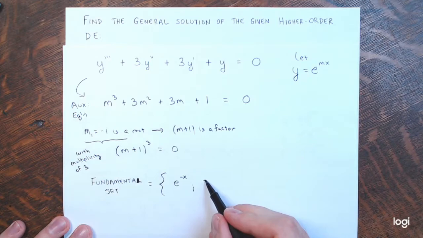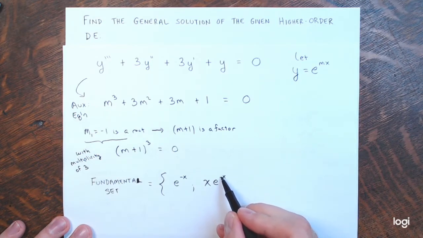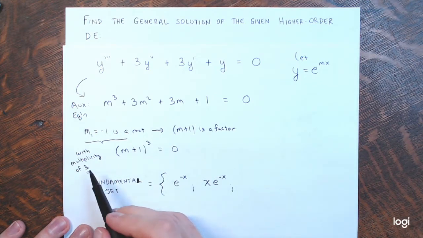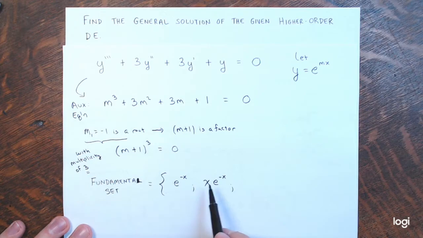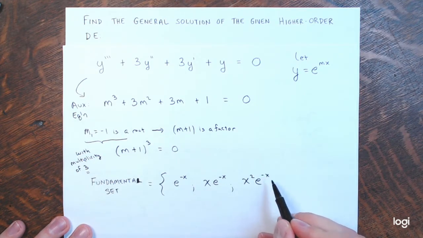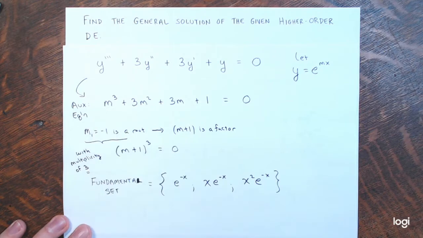So next one's x times e to the -x. And you keep doing this until you get a number of independent solutions equivalent to the multiplicity. So I got 2 independent solutions, and then multiply by x again. You got x squared times e to the -x. There's a third independent solution. And there should be 3, right?